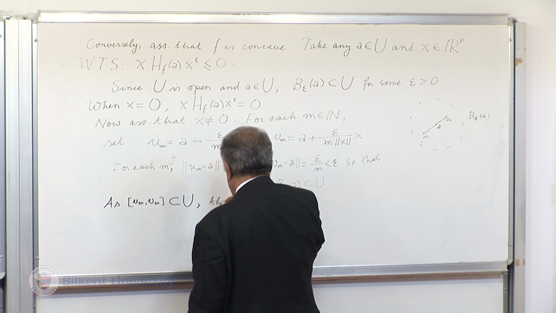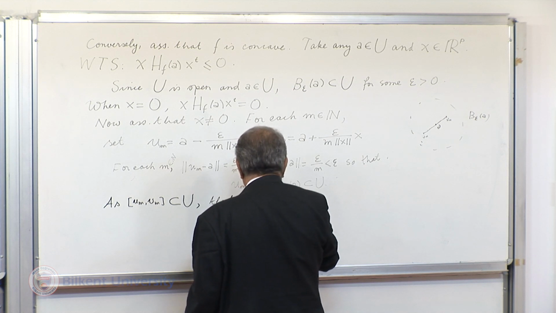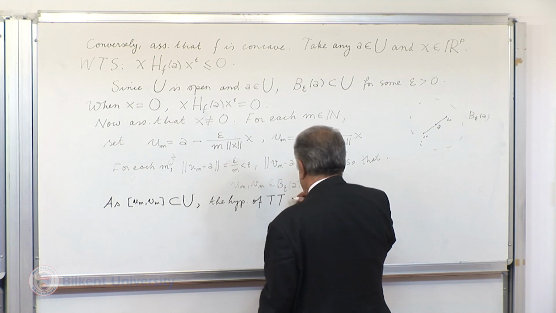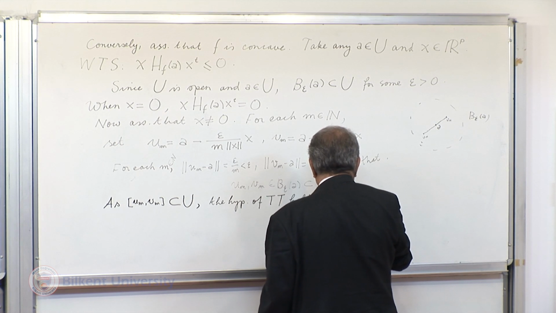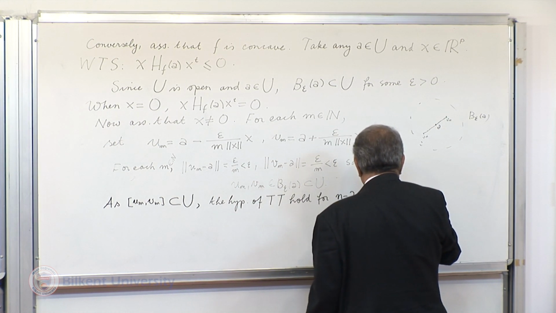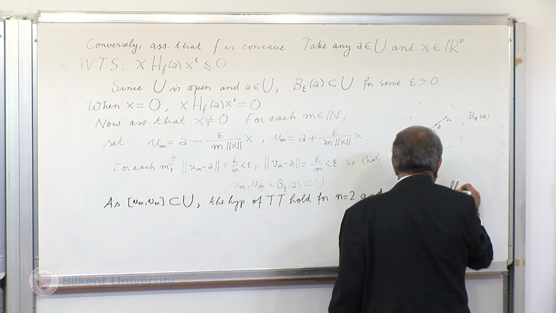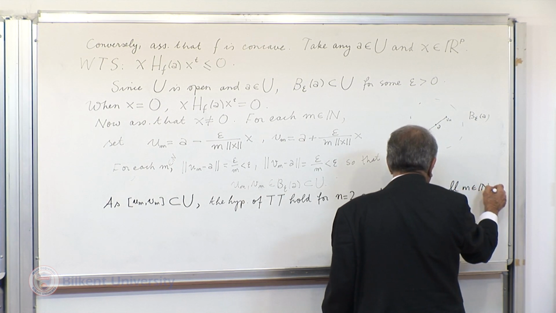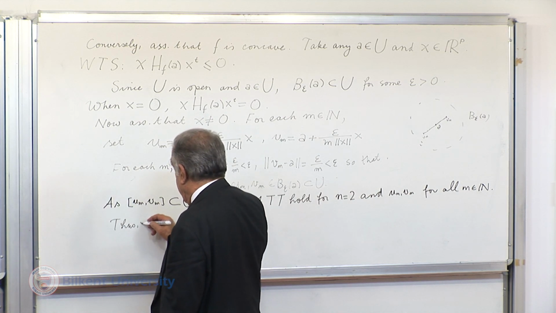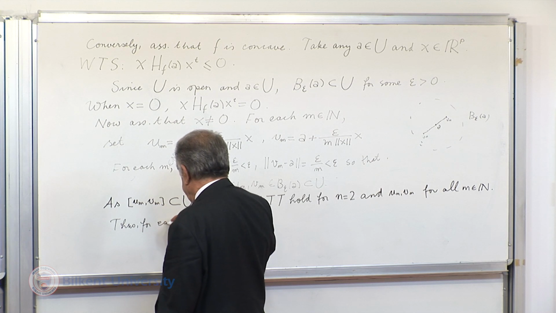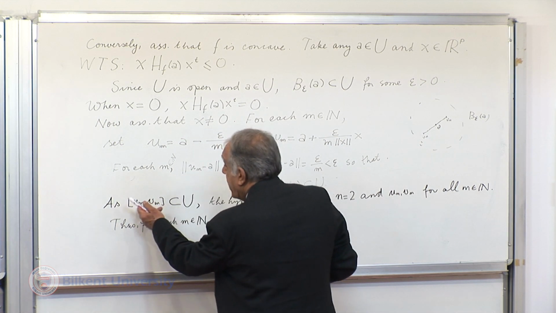The hypotheses of Taylor's theorem hold for n equal to 2 and UM, VM for all M in N. Well, thus, again, for each M in N, there's some U bar sub M in here.